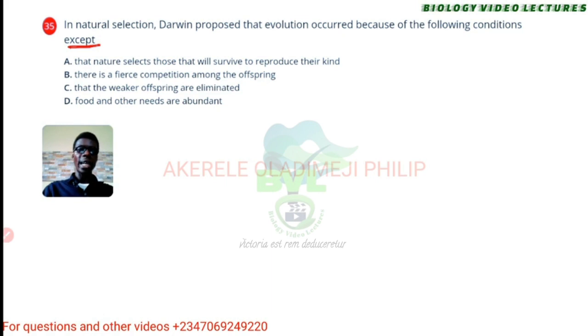Okay. That the weaker offspring are eliminated. That is good, that's also correct. Food and other needs are abundant. No. The answer is D. All of these are correct with what natural selection means. Nutrients or food are not enough, that's why they have to fight to survive. So the answer is D. He didn't say that food and other needs are abundant. Never. In nature, as humans, we can see that things are never enough. All right.